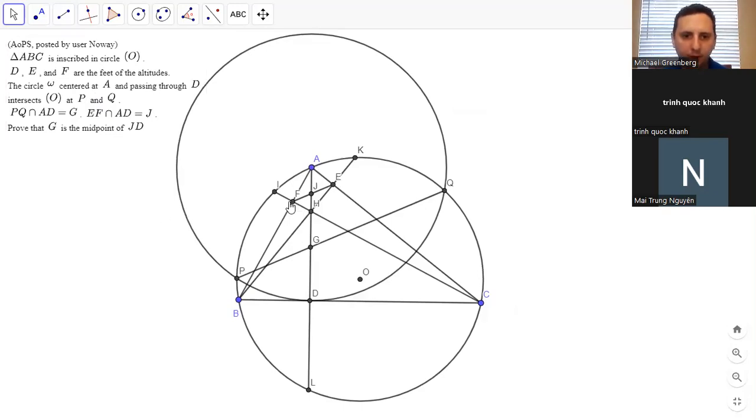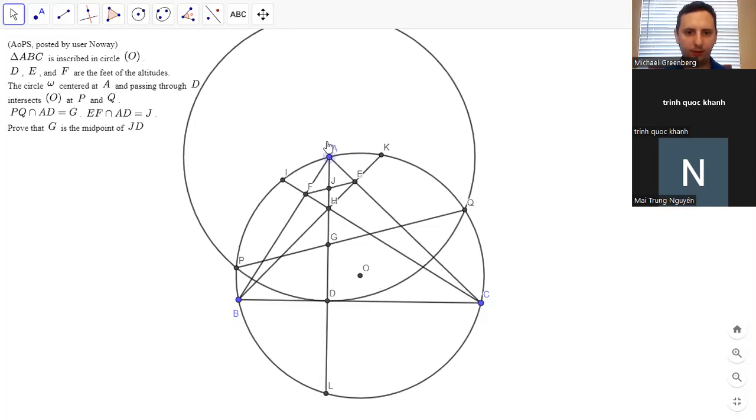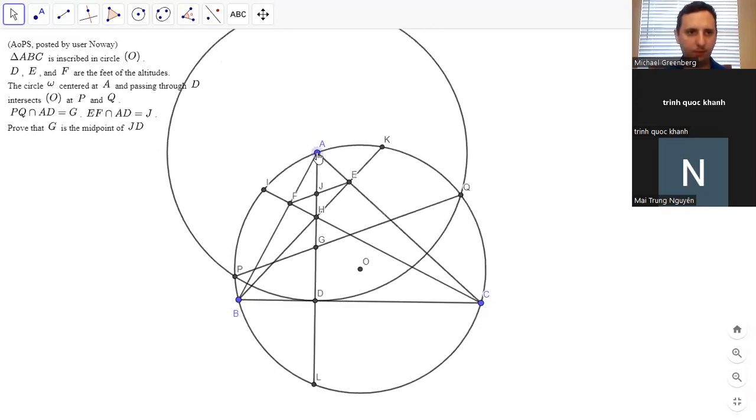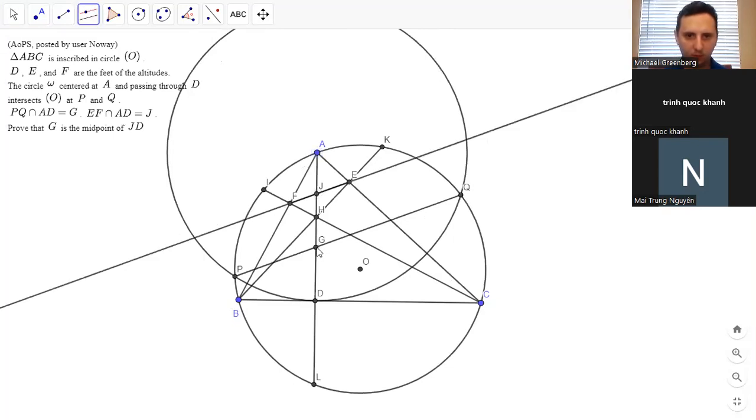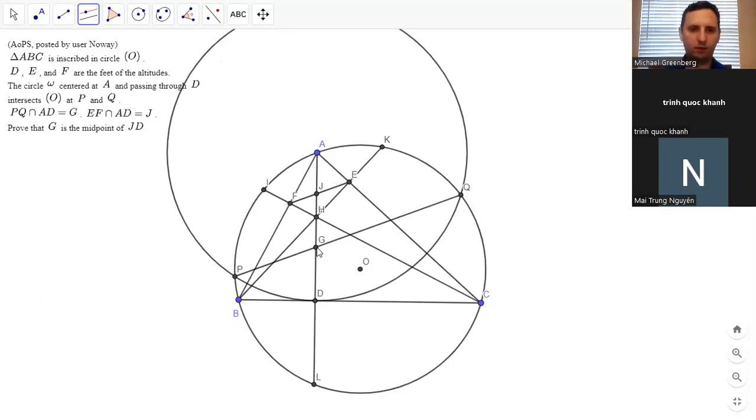So EF is anti-parallel to BC, but is it obvious that PQ is also anti-parallel? Let's see. Yeah, those definitely look parallel. So BFEC is cyclic, and BPQC is cyclic.